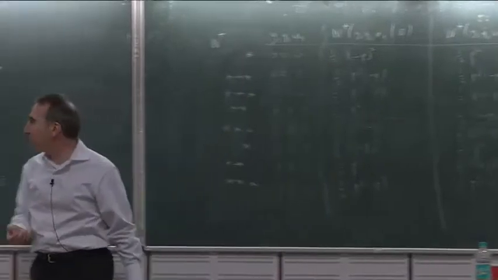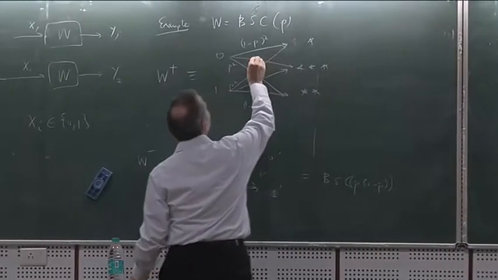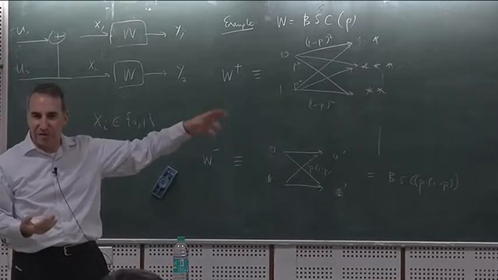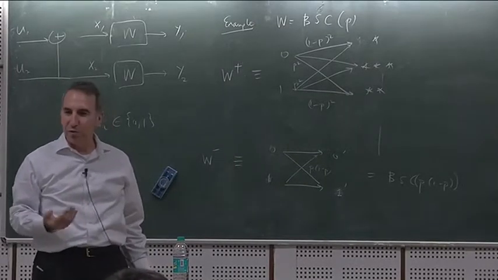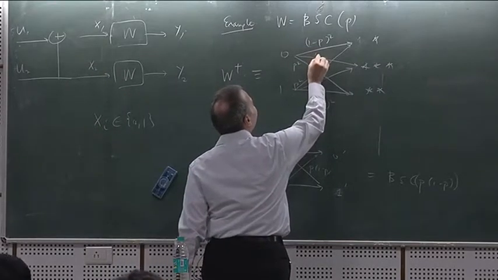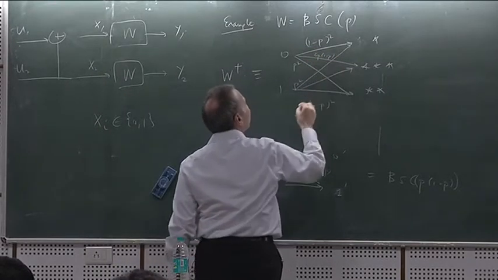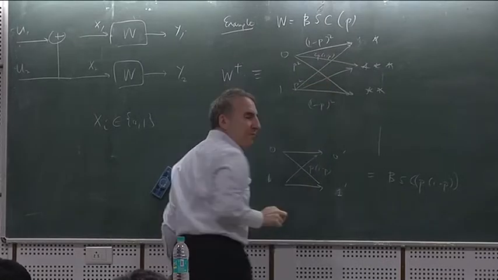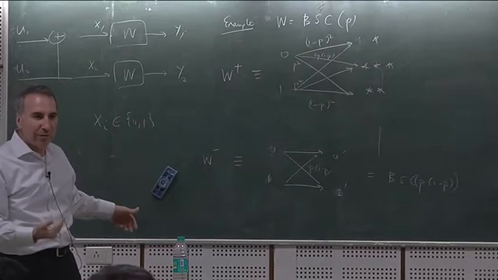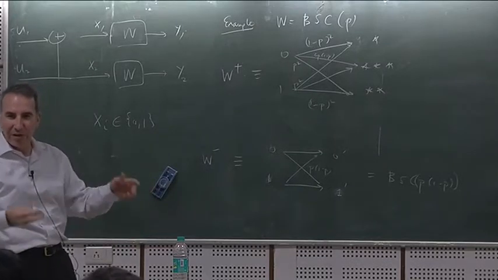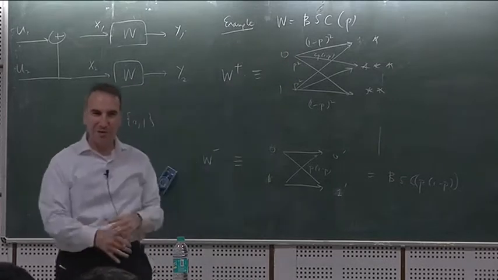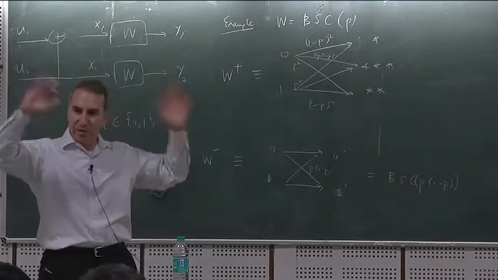So this number is 2 times p times 1 minus p, which is exactly 1 minus the sum of 1 minus p squared and p squared. The same label goes here. Sorry, I'm writing too small perhaps, but these numbers should add to 1, and they do because of the expansion of (p plus 1 minus p) squared.